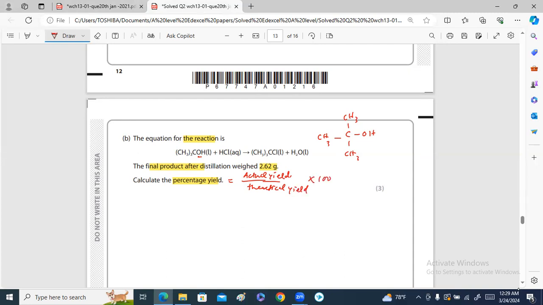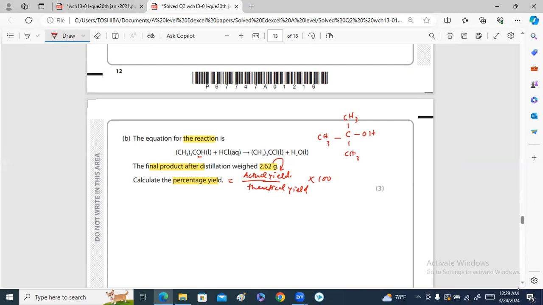Now, the percentage yield of the product is calculated, and if we talk about percentage purity, that is of the reactant. So this is the actual yield. 2.62 grams is the actual yield. We don't know the theoretical yield. So first of all, we have to calculate the theoretical yield.